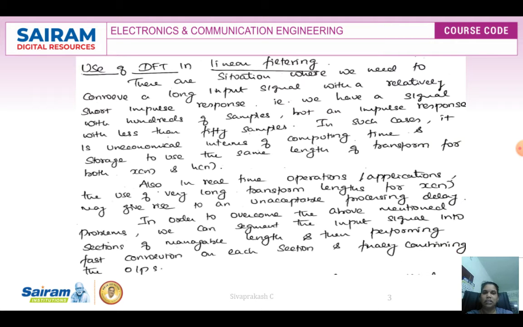In real-time applications, the use of a very long transform length for x of n may give rise to unacceptable processing delay. So in order to overcome this, we'll go with two algorithms called the overlap add method and overlap save method, where we'll use the fast convolution method to find the linear convolution between those two.